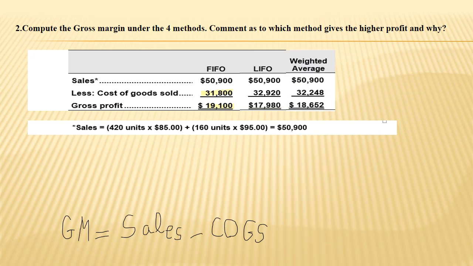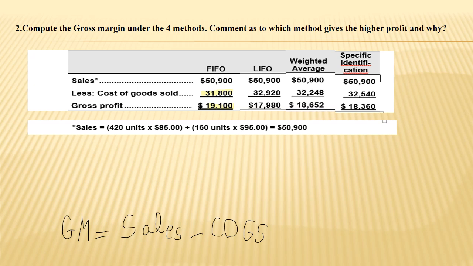Then weighted average, the sales is the same, $50,900, less the cost of goods sold that was previously calculated, $32,248, which will give us a gross profit of $18,652. Finally, the specific identification, I have the same sales, $50,900, less the cost of goods sold, $32,540, which gives us a gross profit of $15,360.